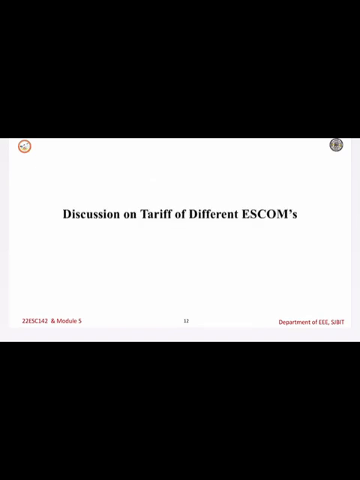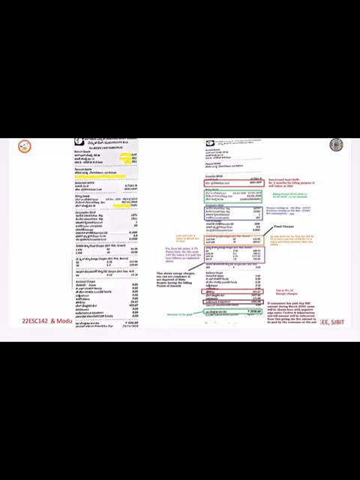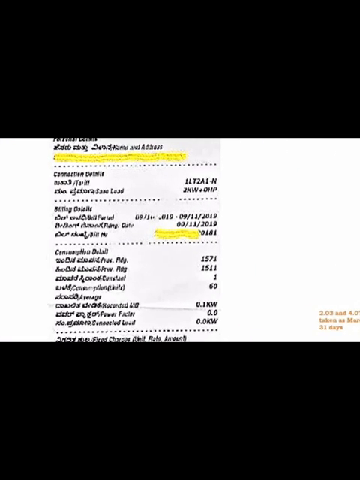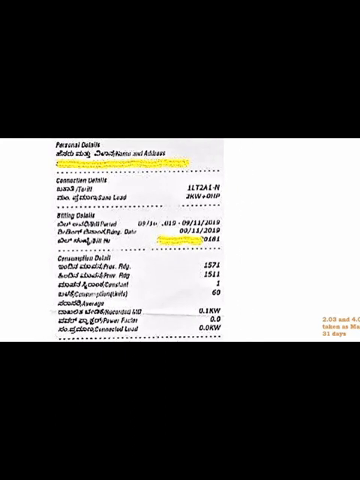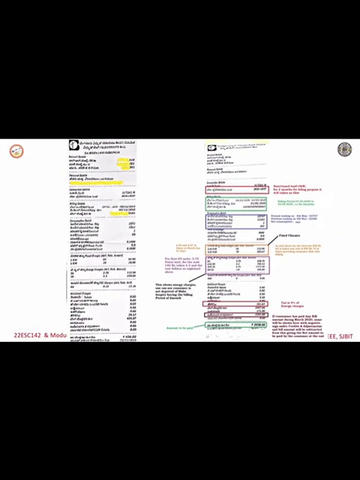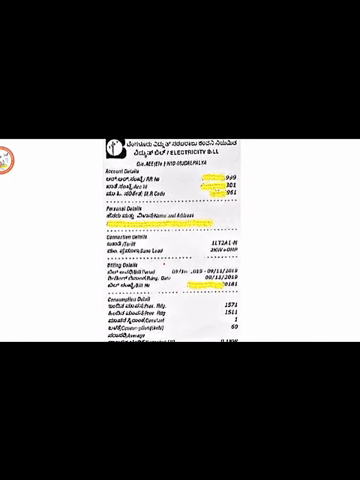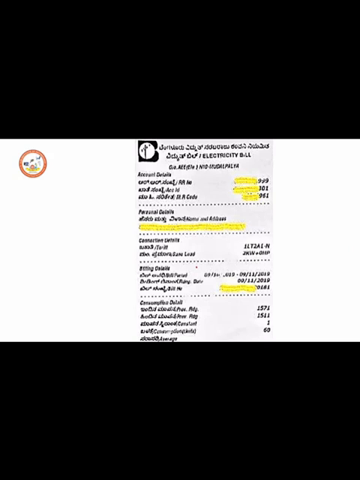Now let us discuss how billing will be done for the electricity bill. Let us consider an electricity bill. This is an example I have taken. You can observe here the sanction load was 2 kilowatt.